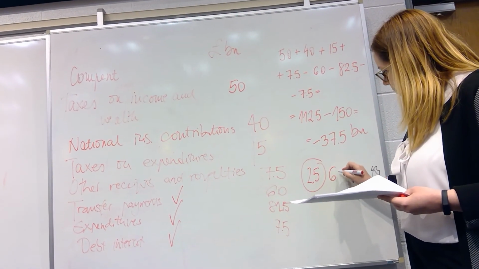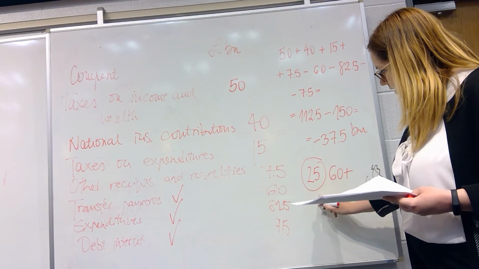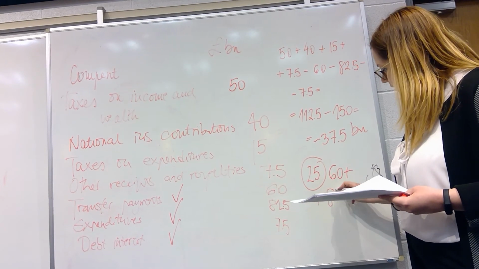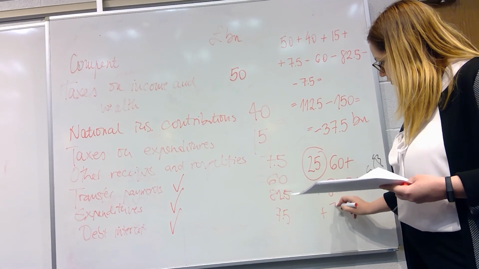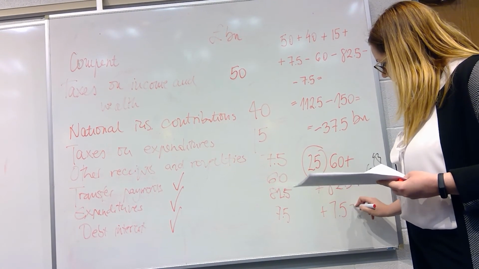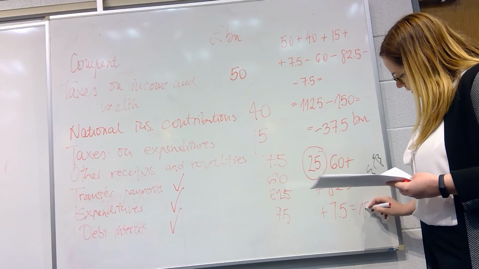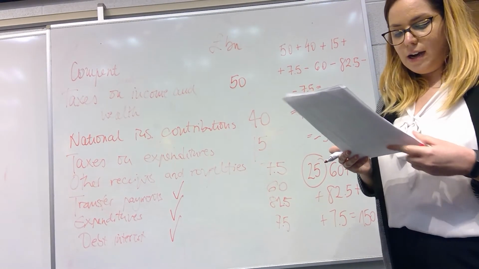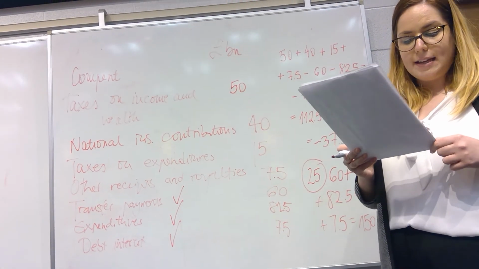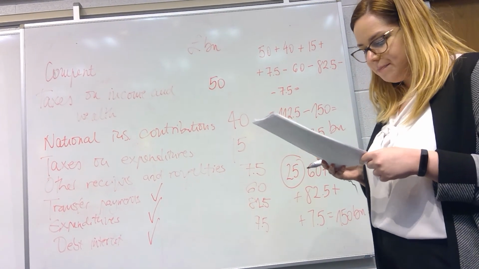So we have transfer payment of 60 plus expenditures of 82.5 plus debt interest, which is 7.5. So in total, this is 150 billions. So the correct answer is answer C, 150.